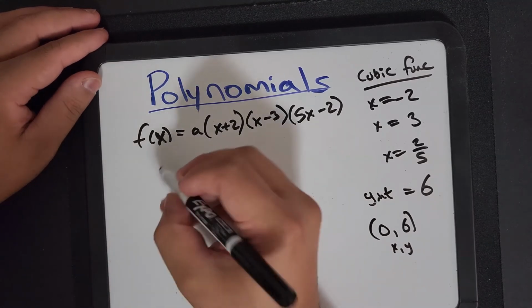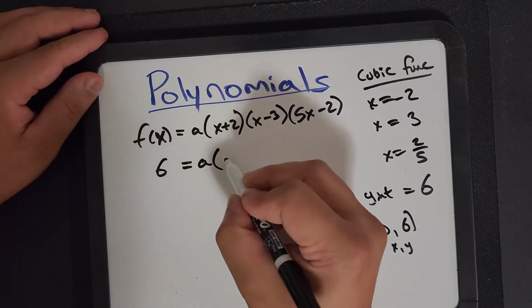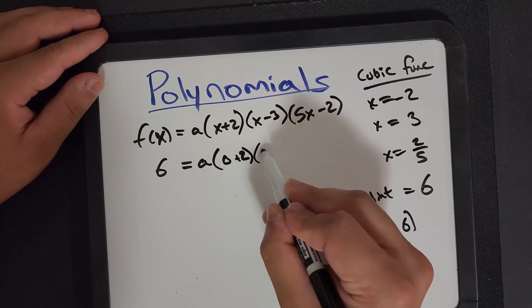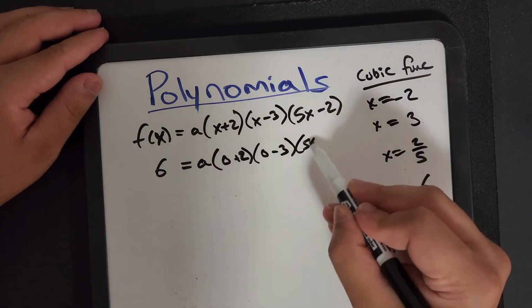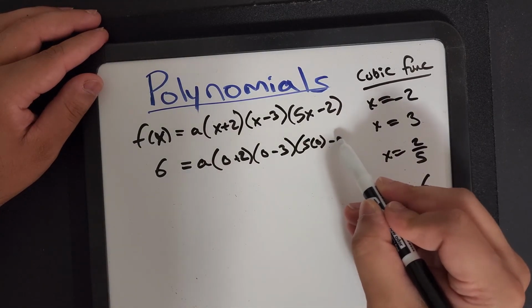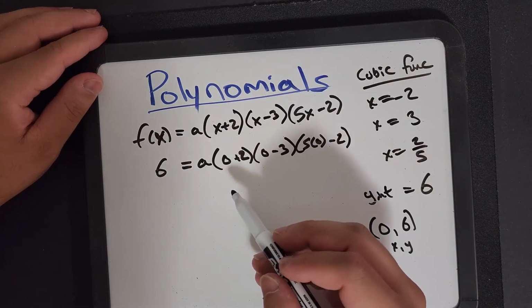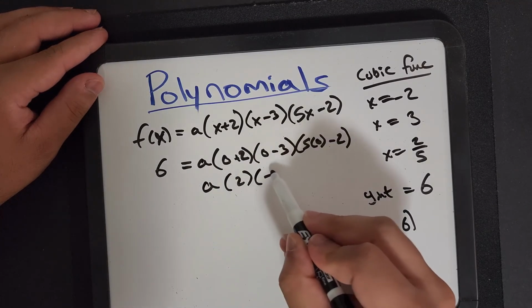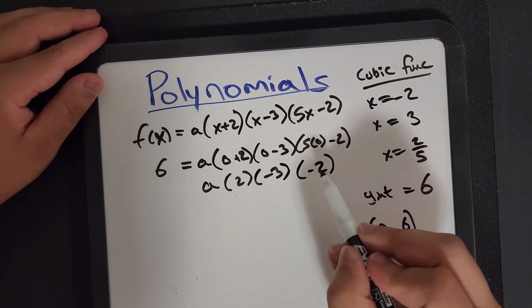So our f of x value of 6 is going to be a, and then our 0 plus 2, 0 minus 3, 5 times 0 minus 2. So we have a times 2 times negative 3, 5 times 0 is 0, so negative 2.